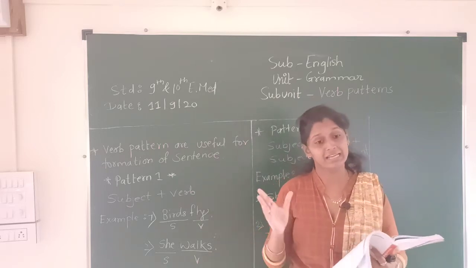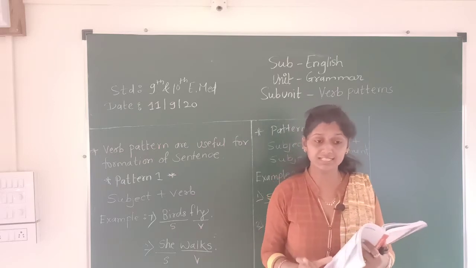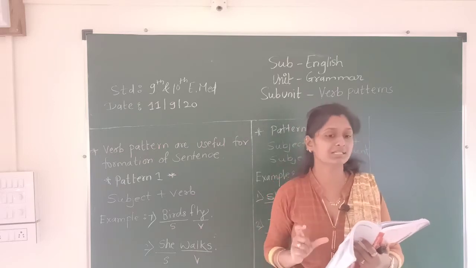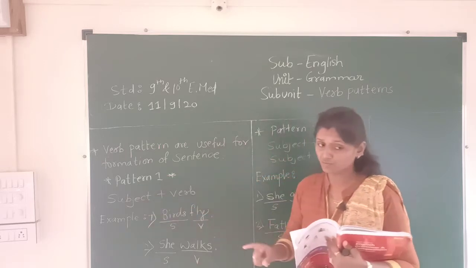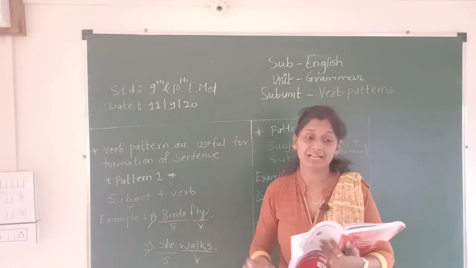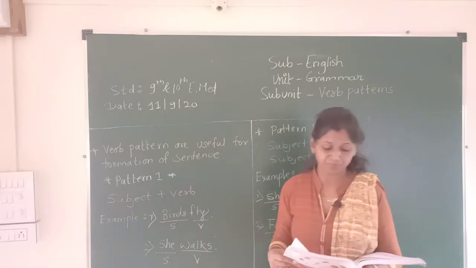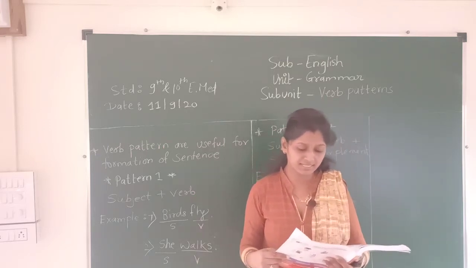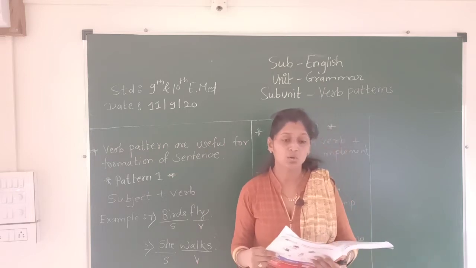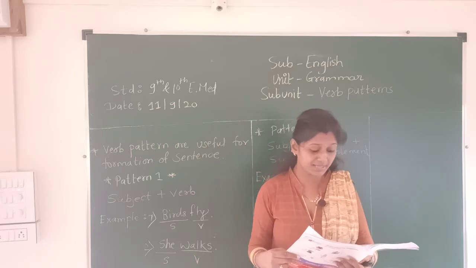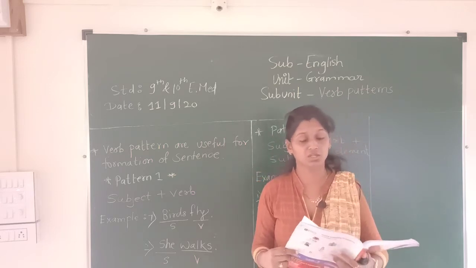It means that in a sentence only two words are there. One word is for the subject and one word is the verb. That is the very simplest pattern of verb. Now this subject is followed by an intransitive verb which expresses the complete sentence without the help of any other word.